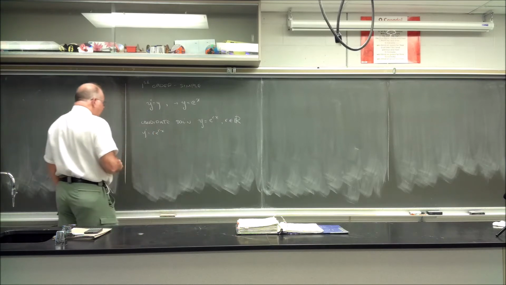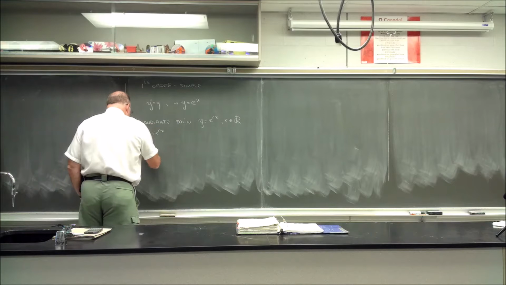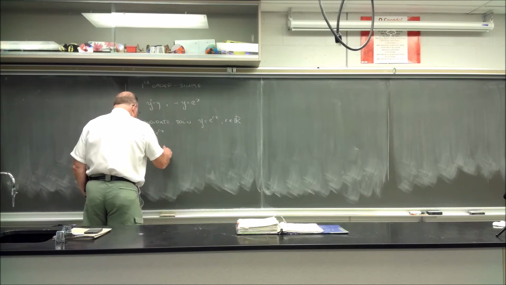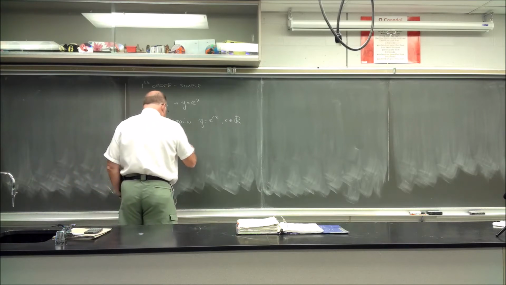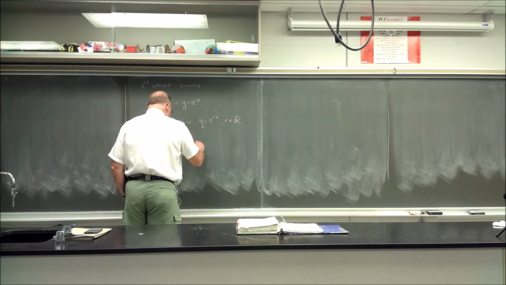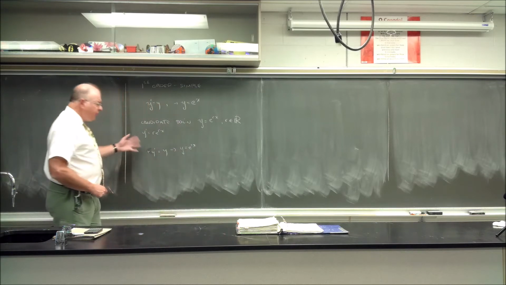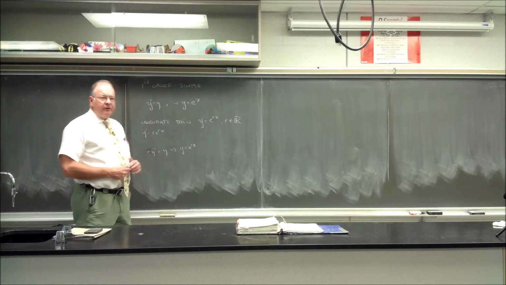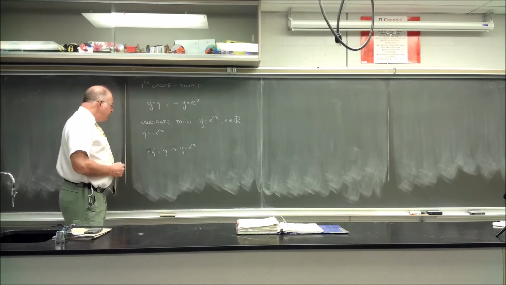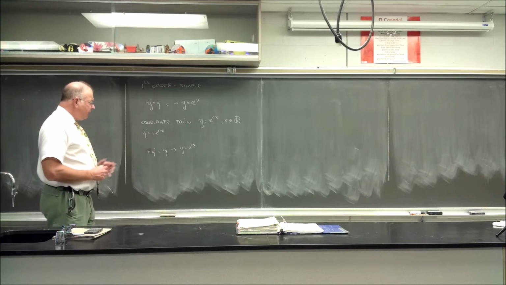So you might have, better still, simply r y prime equals y, and that would give you y equal to e to the rx. So we could have 2 y prime, and that would be equal to e to the 2x, and so forth.